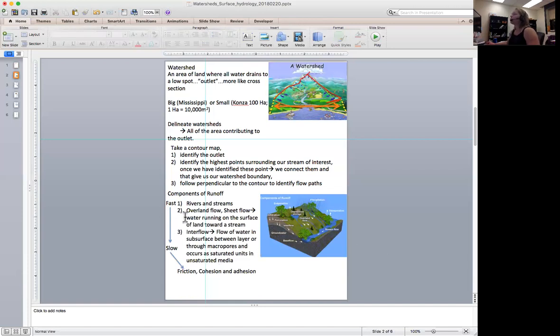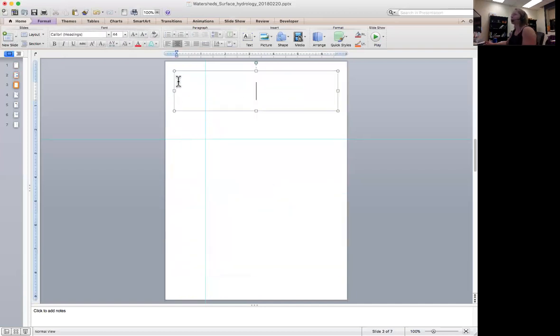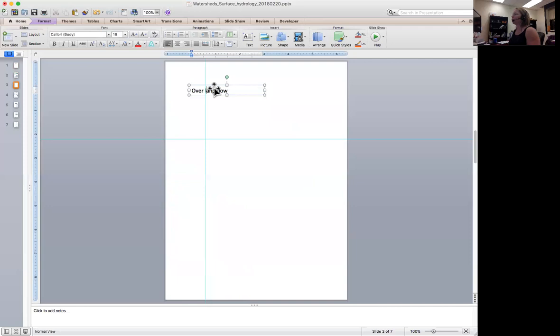Now, let's talk about first quantifying this idea of overland flow. So let me open a new slide. All right. So to quantify overland flow, we use what's called the rational equation.